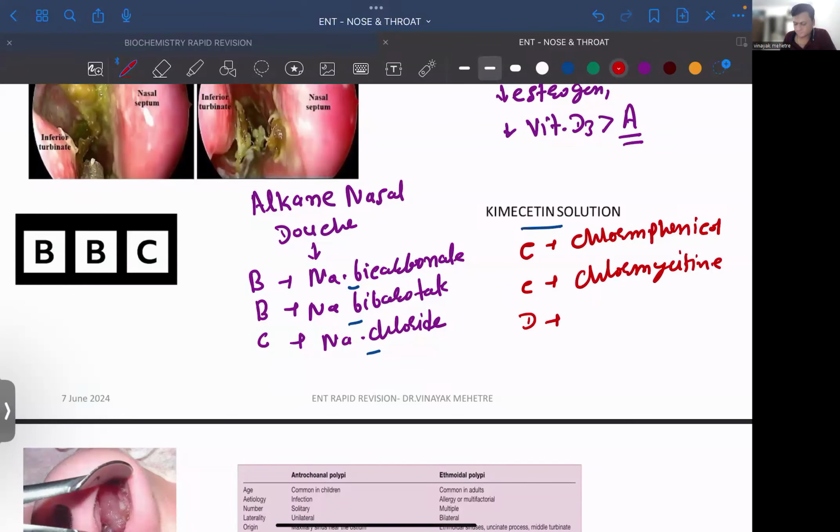D stand for what? Vitamin D. And last one is estradiol. Reason young female, right? Estradiol.